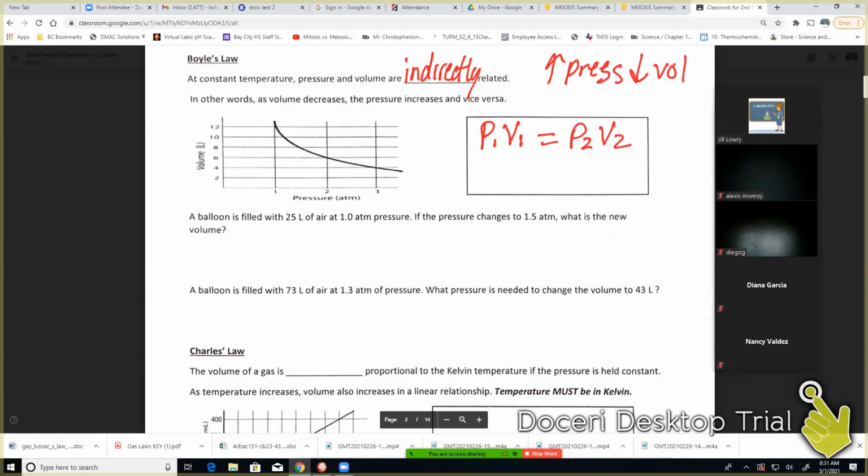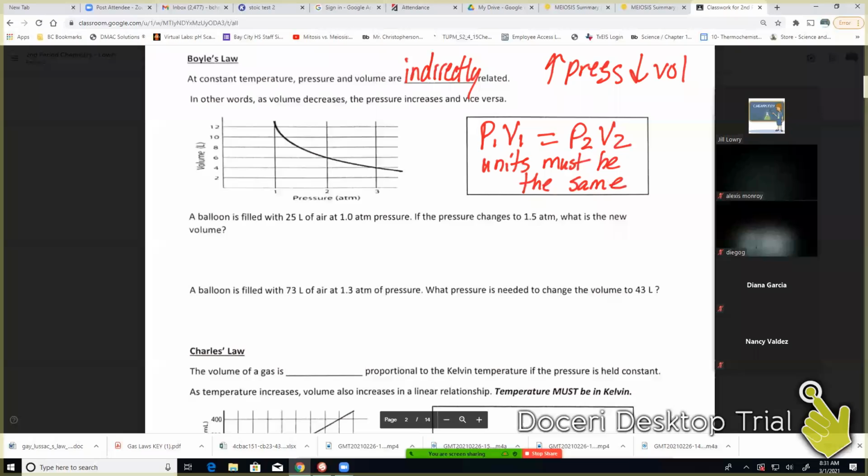So we're going to look at a gas and we're going to set it under a beginning set of circumstances, and then we're going to change those circumstances and see how it's affected. The units must be the same.